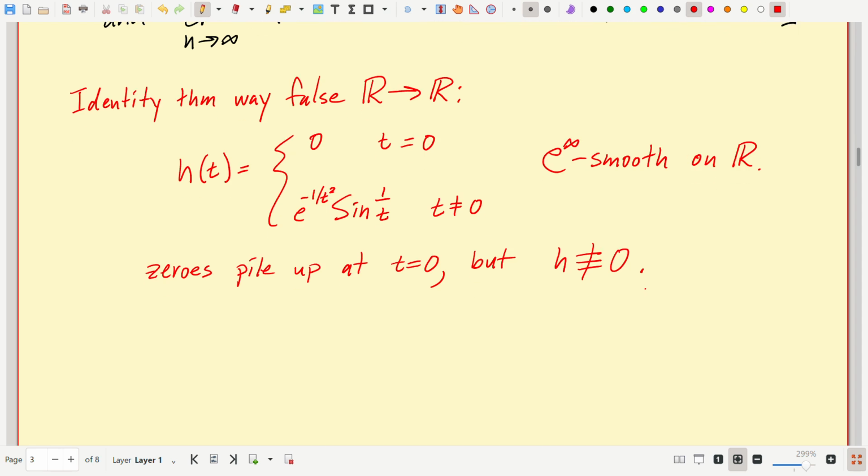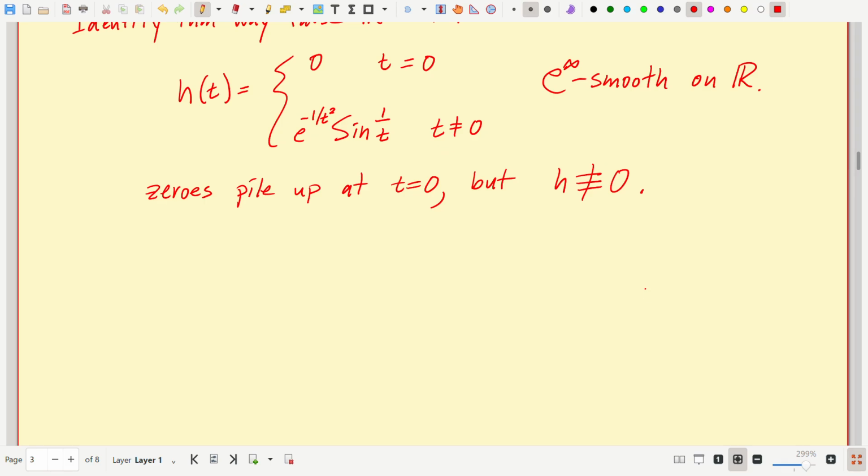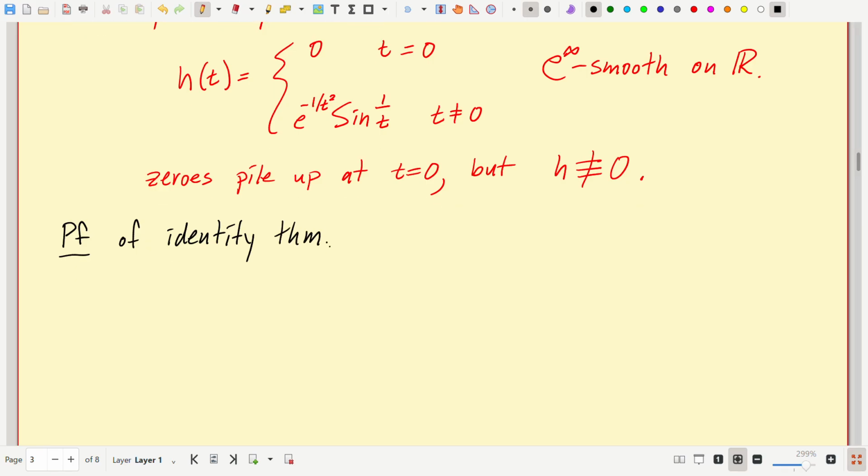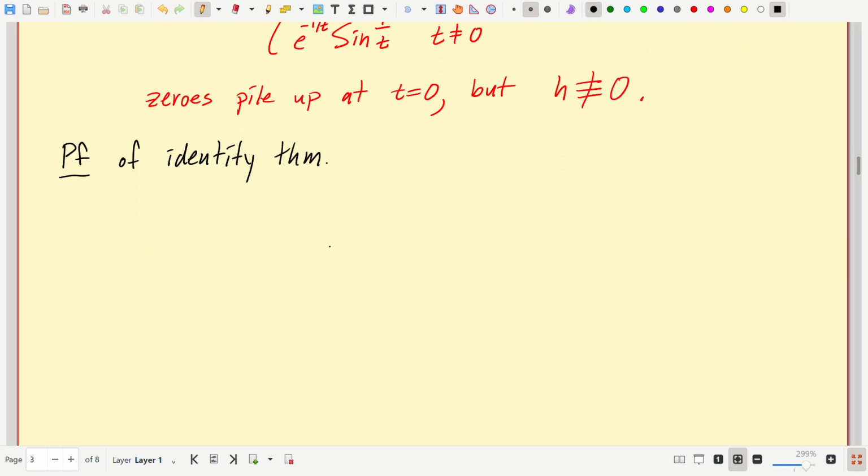Let's see, so let me give you the demonstration of the identity theorem. It's basically a picture proof. So the proof of the identity theorem in the complex case.